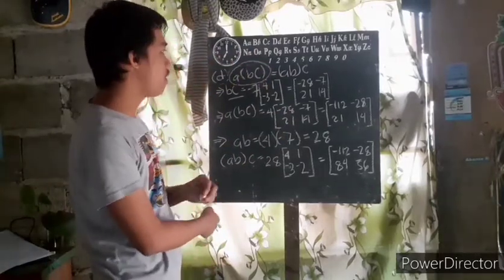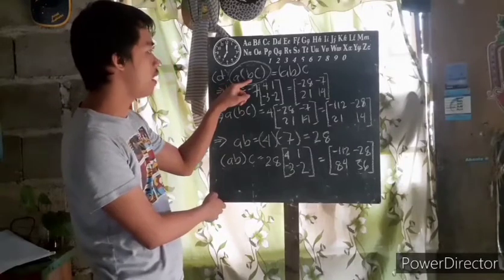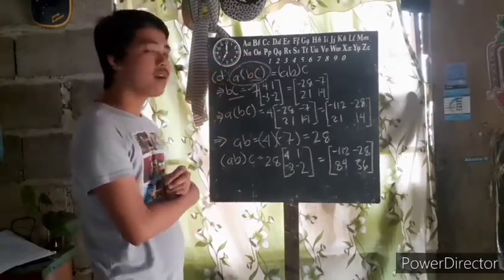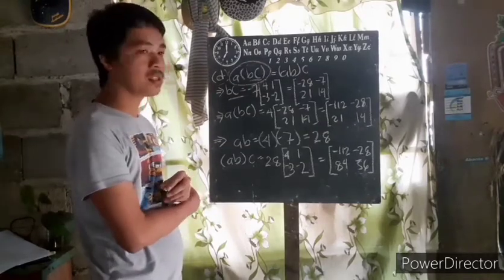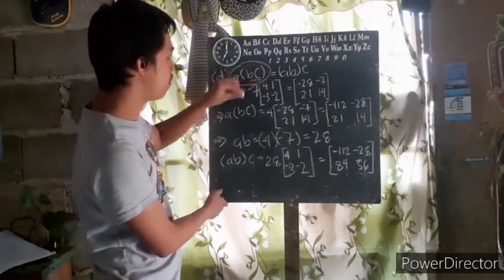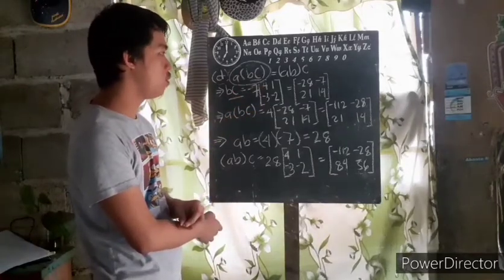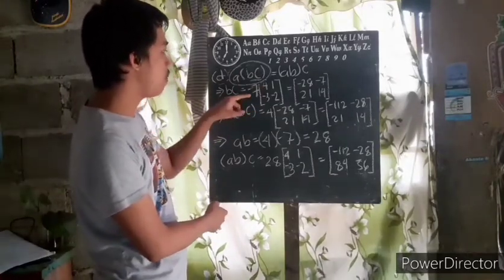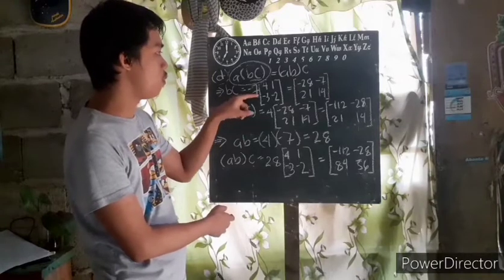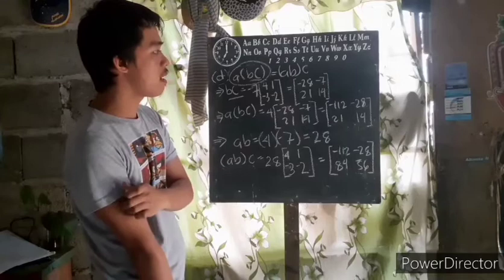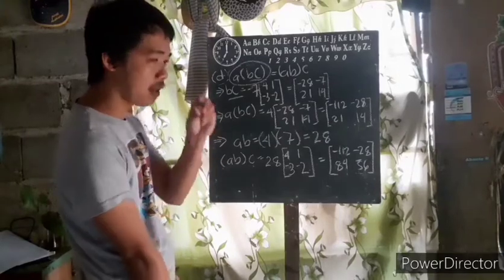Let's find first the scalar B multiplied by matrix C. The scalar B is negative 7, multiplied by the matrix C, which is 4, 1, negative 3, and negative 2. Just multiply each element by negative 7, and we come up with negative 28, negative 7, 21, and 14.